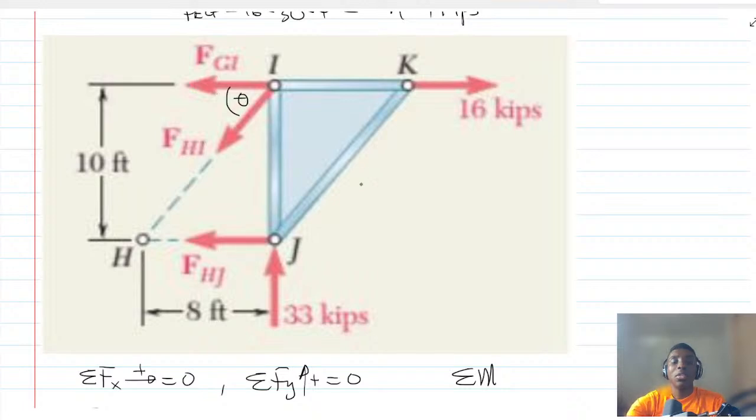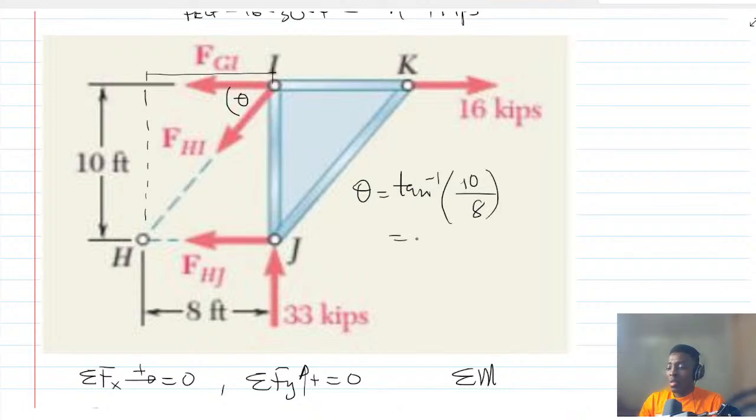So this theta here will be tan inverse of opposite, which is 10, divided by this length, so the length is 8. So tan inverse of 10 divided by 8, what's that? 51.34.